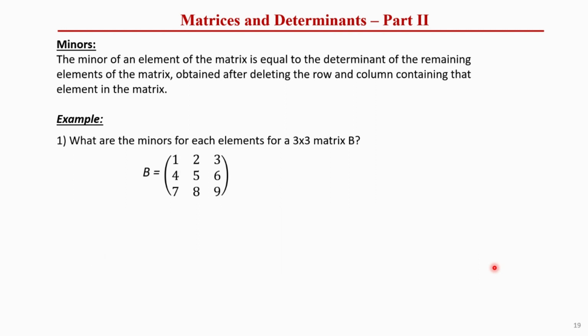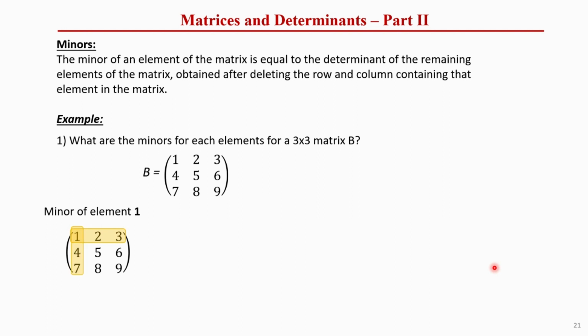What about a 3 by 3 matrix? Oh, now it seems a bit complicated, right? But we can go through it. So what's the minor of element 1? To find the minor of element 1, we delete the row containing element 1, which is the first row, and we also delete the column containing element 1, which is the first column.